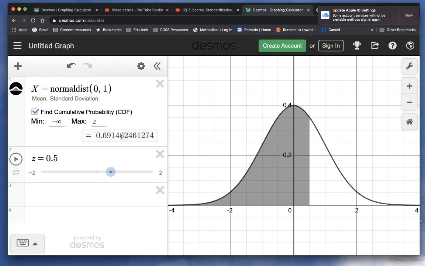And notice I'm doing the same thing you could do by looking up a table. If you look up the table for z equals 0.5, you should see this value here, 0.6915. We'll just round it to 69%.